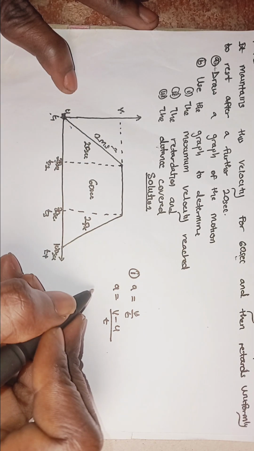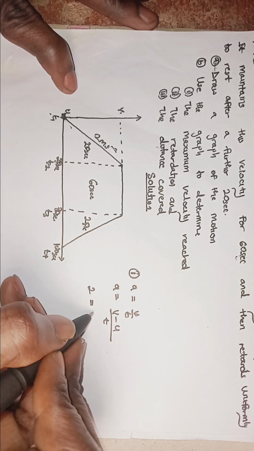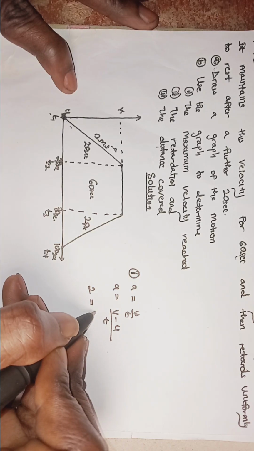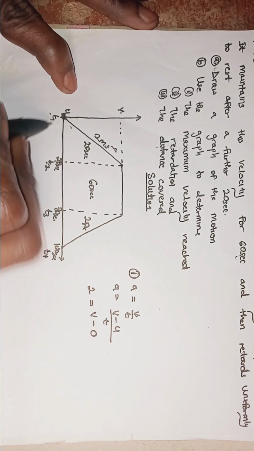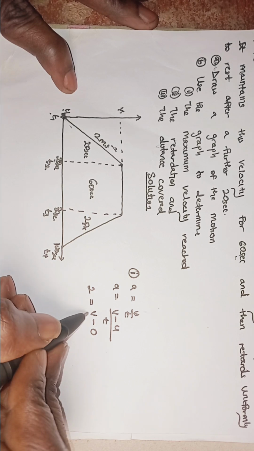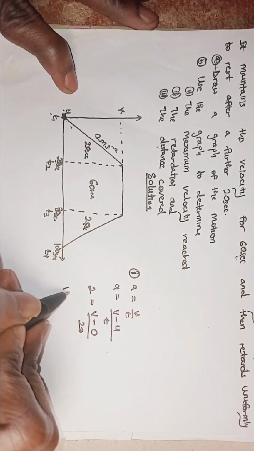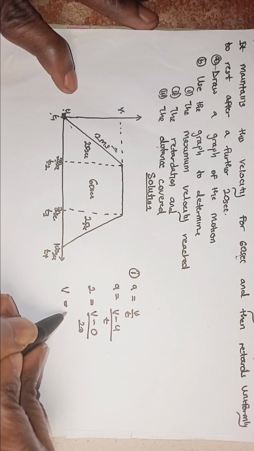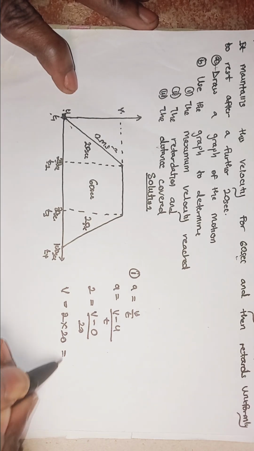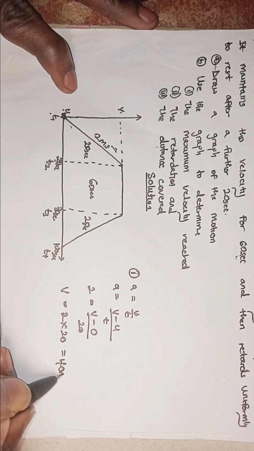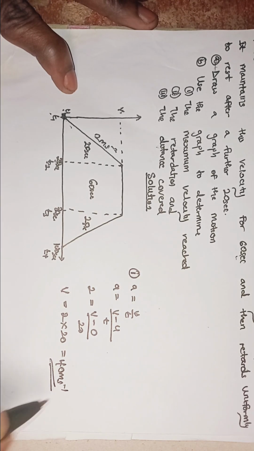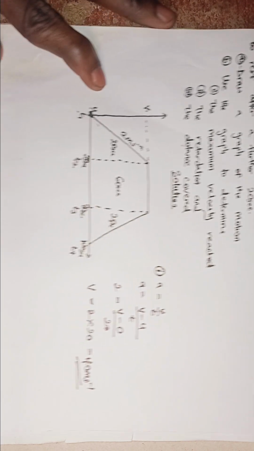So the acceleration is 2. The final velocity we are looking for is v. This one is 0, our initial velocity, upon 20. Making v the subject of the formula, we have 2 multiplied by 20, which is 40 meters per second. So we have already determined our maximum velocity like that.